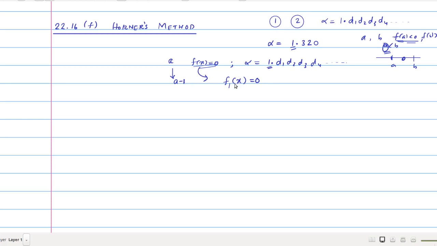A new equation f1 of x equal to 0 such that for this equation a-1 equal to 0.